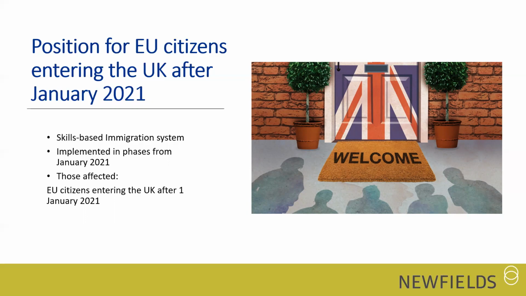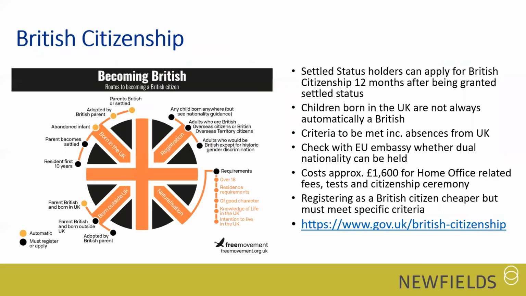Coming after the end of the transition period from the 1st of January next year will mean coming through the new system, which there'll be more criteria which that individual then has to meet.